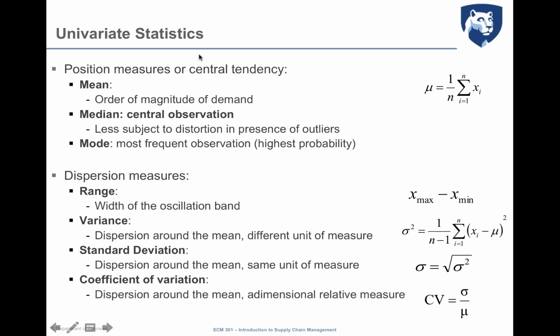This is for evaluating the average or the central tendency. Then you have how much our values are dispersed, and you can calculate the range, the difference between the max and the minimum value; the variance, which is the squared difference of each observation from the average, summed up and divided by n or n minus 1; the standard deviation, which is the square root of this value; and the coefficient of variation, the ratio between the standard deviation and the average, which gives you an understanding of how much the values are dispersed around the mean.